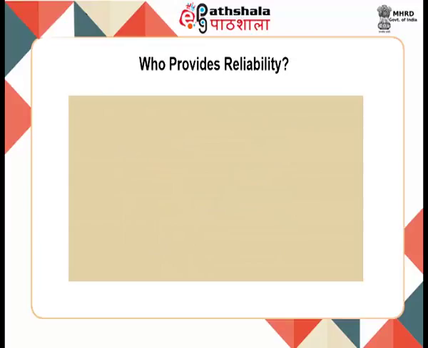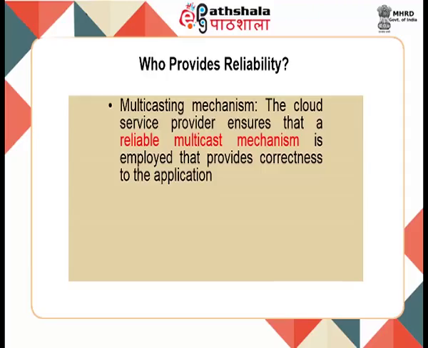So, who will provide this reliability? In a normal system, it is unreliable. So, somebody has to take care of bringing reliability into the multicasting environment. Who will do it? Typically, in a cloud like environment, the service provider will provide.